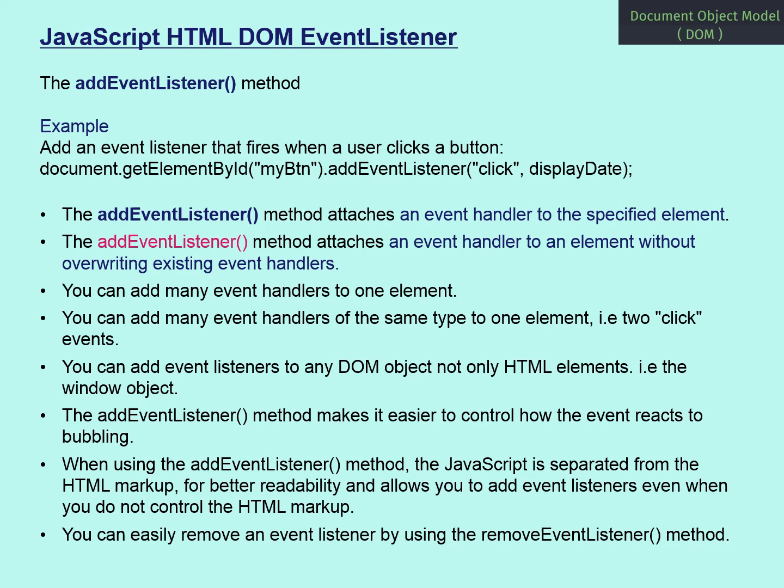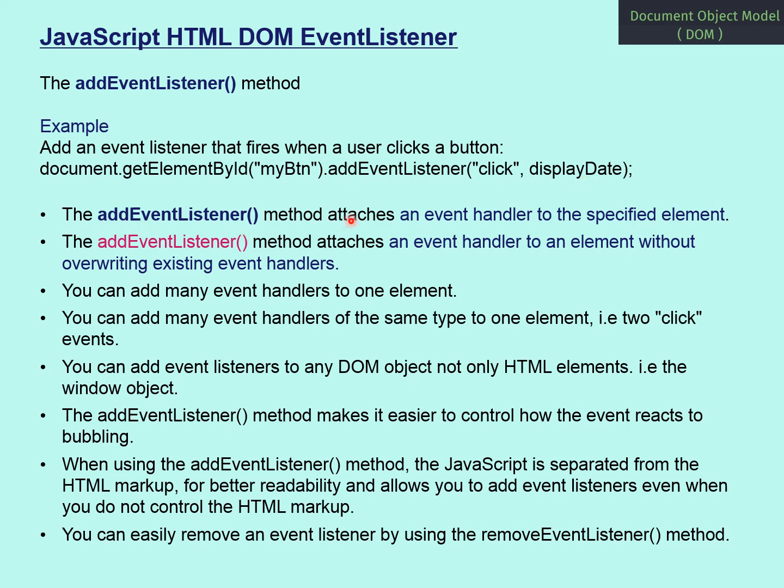How can we add the listener to our event? Here is an example: document.getElementById('myButton').addEventListener('click', displayDate). Here myButton is the id of the element. For that myButton we are adding an event listener with the value click. Whenever it is clicked, it will display the date.